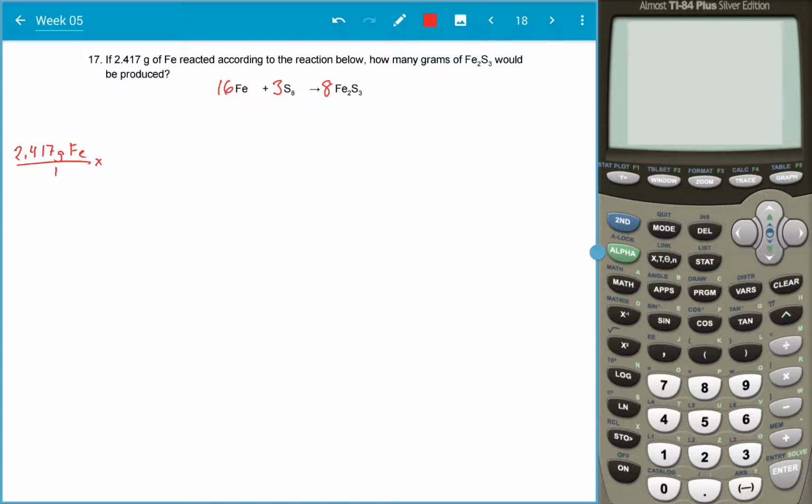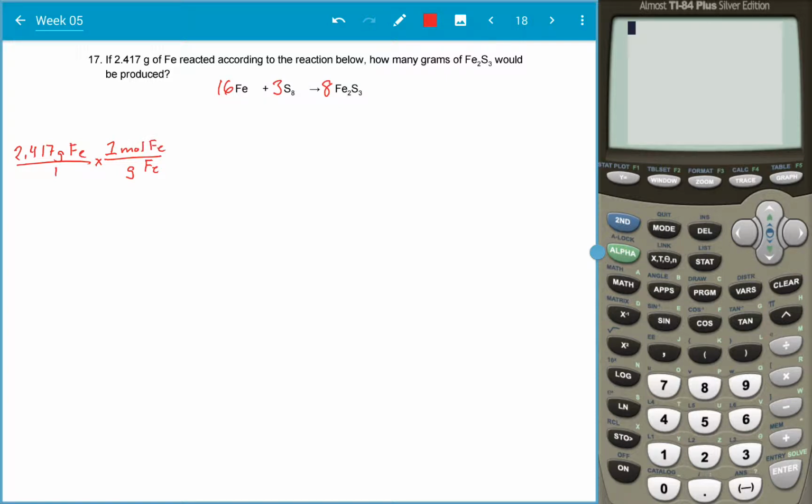Now, for chemical calculation, grams are not probably the most useful unit that we can find. Coming up with something a little bit nicer is probably better, and that would be going from grams of iron into moles of iron.